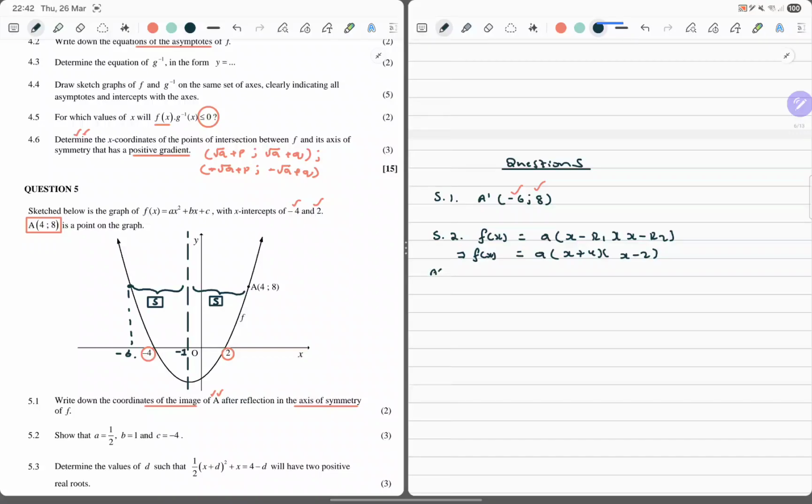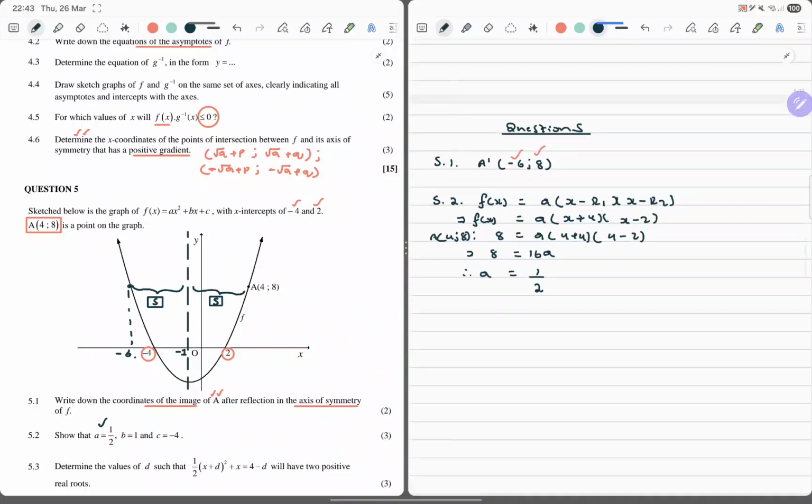We plug in the point a, which is 4 and 8. So 8 is a into 4 plus 4 into 4 minus 2. So we've got 8 equals, this is 8 times 2, that's 16 a, and we can see that a is going to be a half.